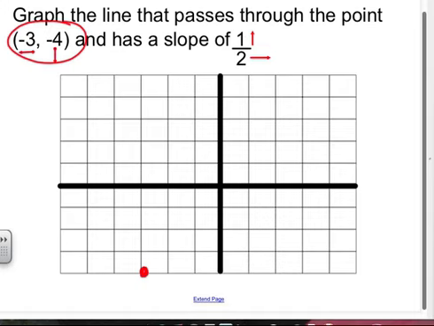So if the slope is 1/2, both those numbers are positive. So that's going to say up 1, right 2. So from our original point that we just plotted, we're going to go up 1, right 2, and there's another point. And from there, go up 1, right 2, up 1, right 2, up 1, right 2. Connect your dots, and you know what better happen, right?